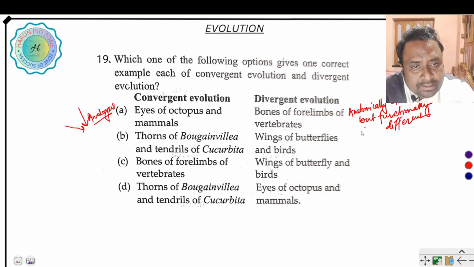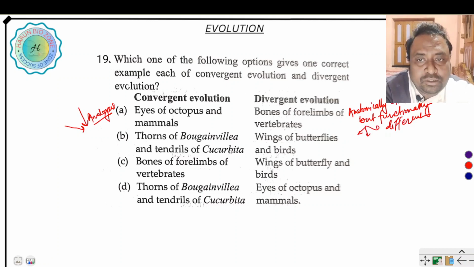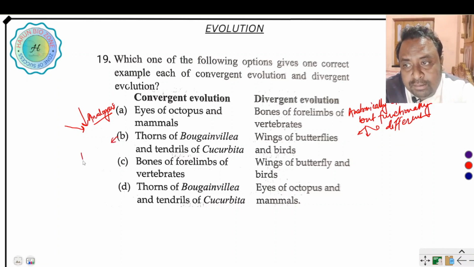Thorns of Bougainvillea and tendrils of Cucurbita are anatomically the same but functionally different. Thorns are for protection, and tendrils attach to something to help the plant grow. So they show divergent evolution.